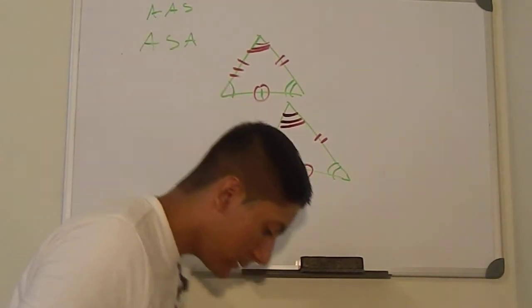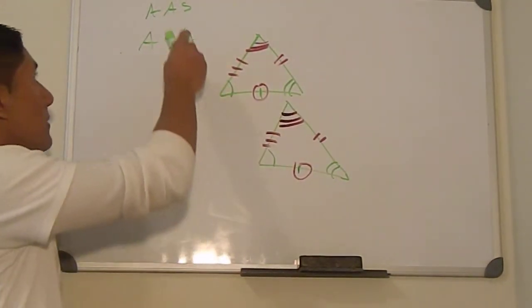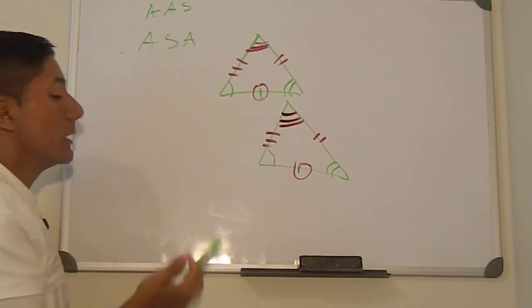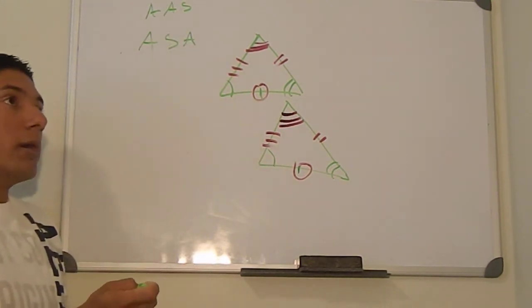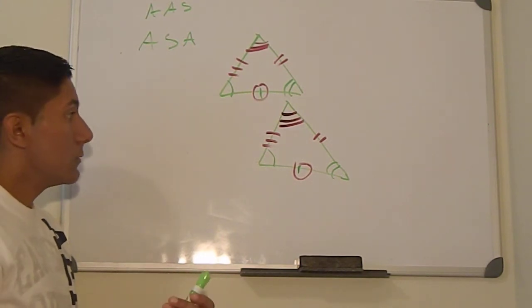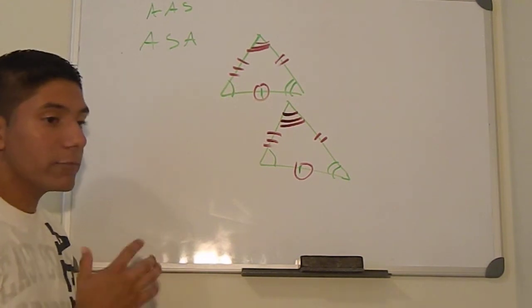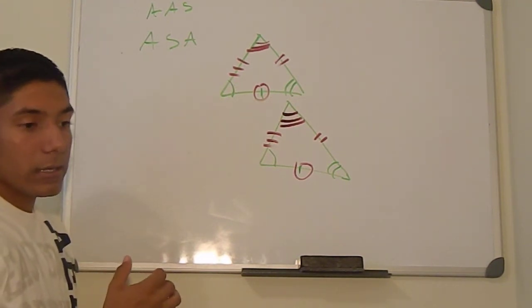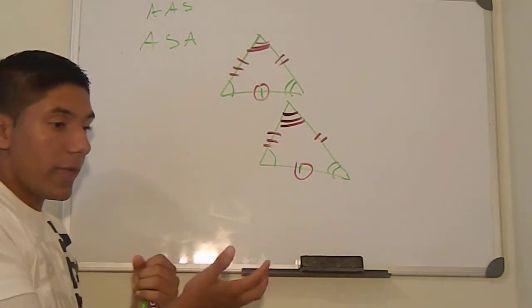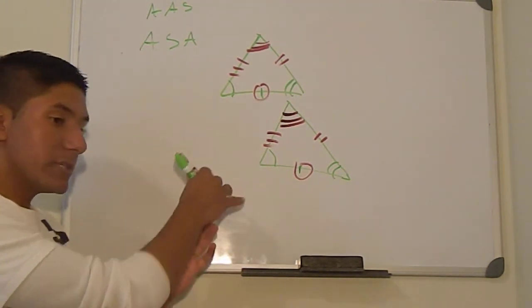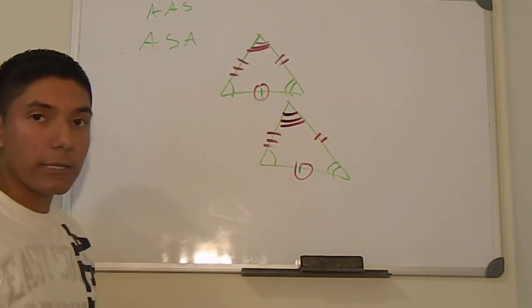But I do want to emphasize that this deviation here makes a difference. Basically, when the Greeks were coming up with these, what you have to ask yourself is: is there any possible other triangle that could be created with these specific angles and these specific lines that is not congruent?